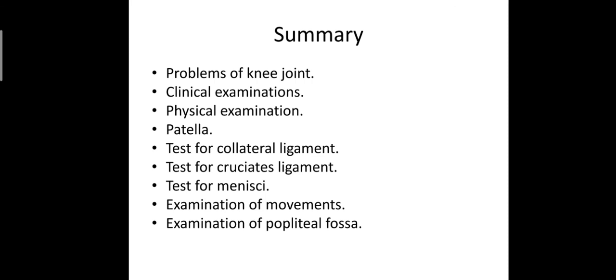So, in this way, it helps us to diagnose the case related to the knee joint, and according to the condition we advise treatment and management of a particular case and particular patient.